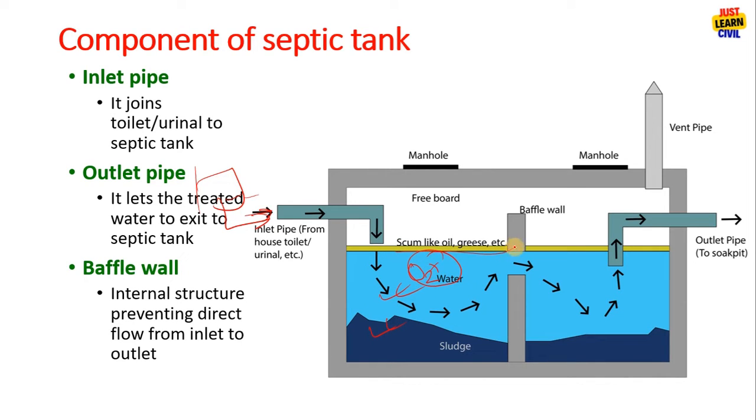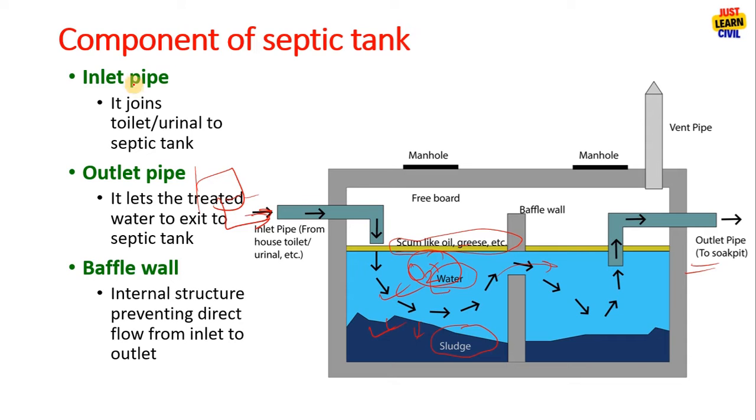The scum materials which have density less than the water floats above, like oil, grease, fats, etc. And the sludge material which have density more than the water settles at the bottom of the tank. Now the water which have been separated, this passes from one compartment to the another compartment through baffle valve, and finally it escapes from the outlet to the soak pit or the drain field.